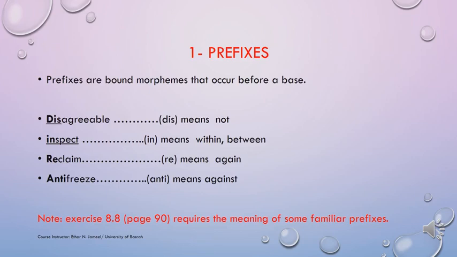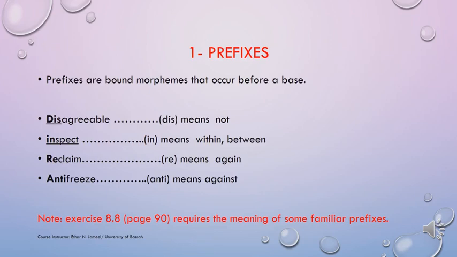Let's take examples. Disagreeable. This word consists of three morphemes: dis, agree, and able. Dis is a bound morpheme. It cannot be uttered alone with meaning. Able is the same. But agree is a free morpheme because it can be uttered alone with meaning.